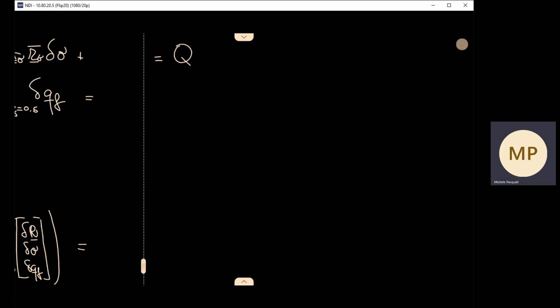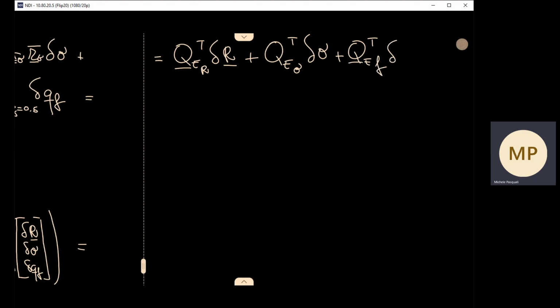That's to say, QE transposed R times delta R plus QE theta applied to delta theta. Okay, let me remove this because it's a scalar. Plus QE transposed F times delta QF.